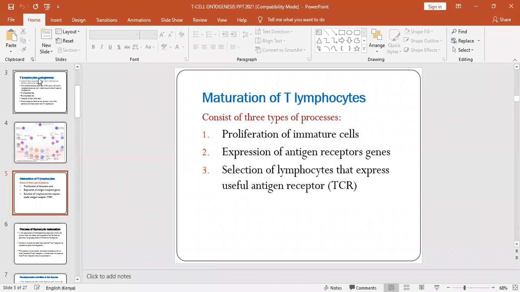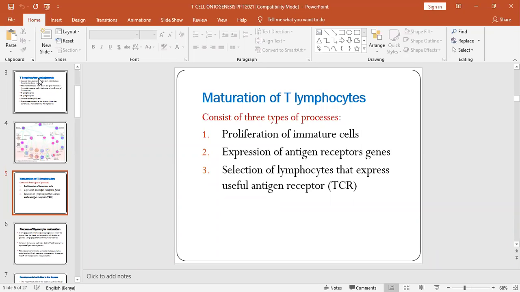Then we have another process whereby these cells develop further into expression of antigen receptors. Remember, the T cells have their T cell receptors, which are very important to interact with the MHC antigen complex. So these T cell receptors also develop as part of T cell maturity.